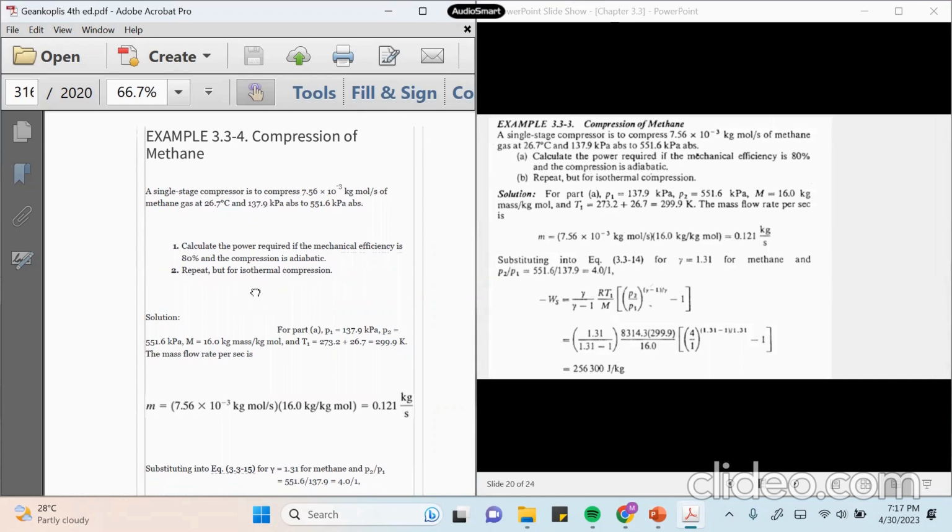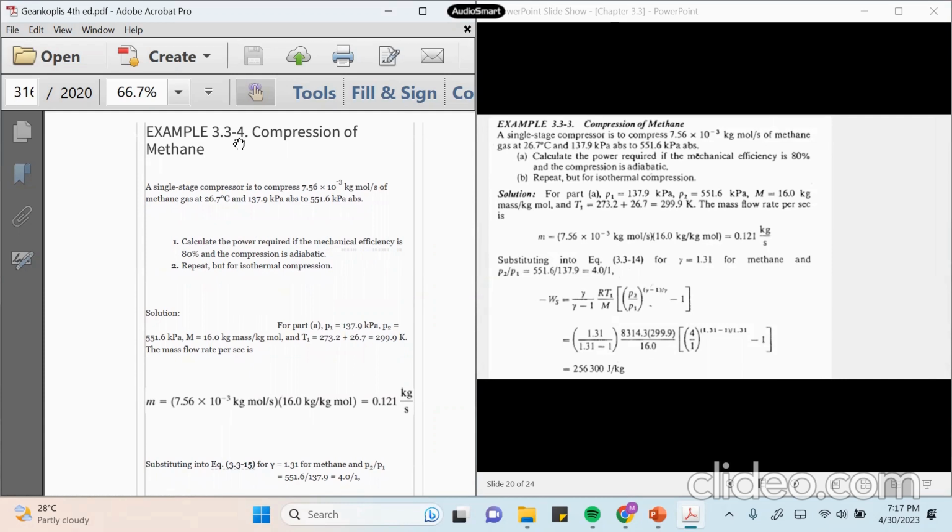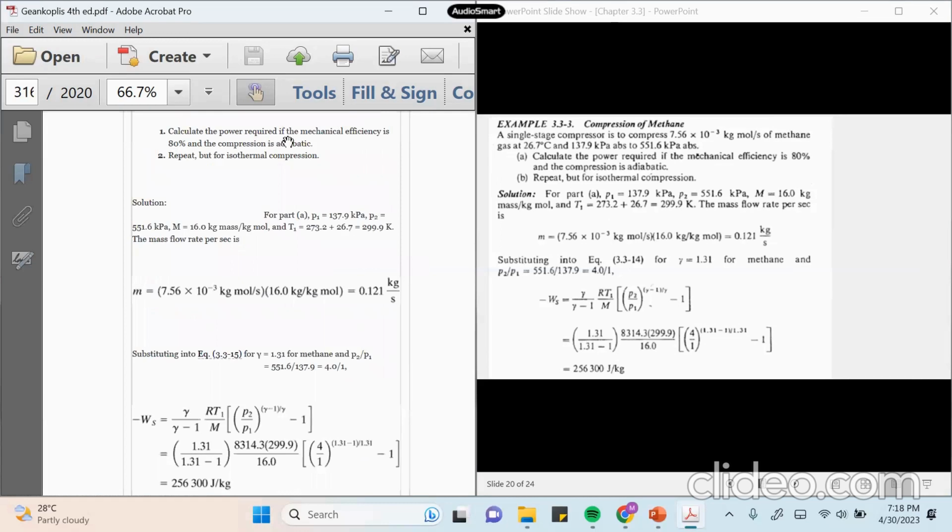So from example 3.3-4 in the fourth edition of Coplen's, we are asked to calculate the compression of methane. I have a single-stage compressor to compress this kilomole of methane at this pressure and this temperature. The discharge pressure is set at 551.6 kPa absolute. We are asked to calculate the power required if the mechanical efficiency is 80% and the compression is adiabatic.